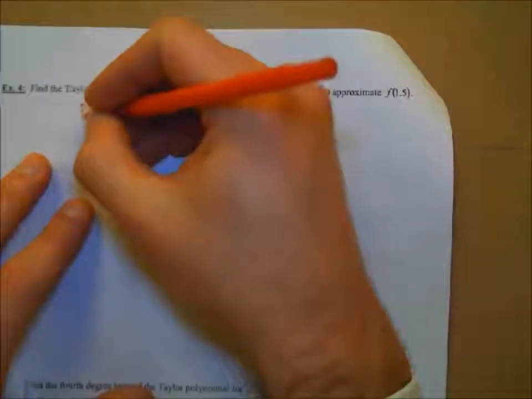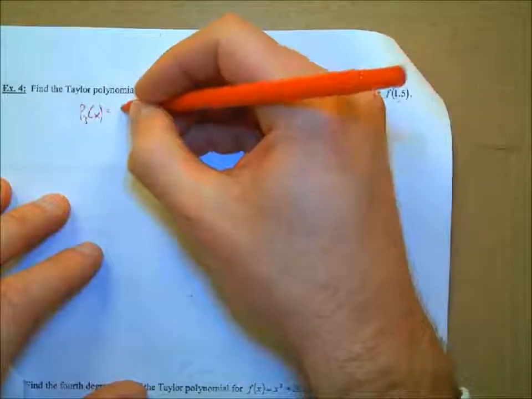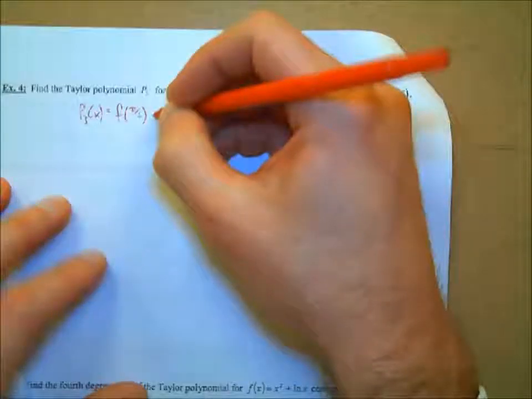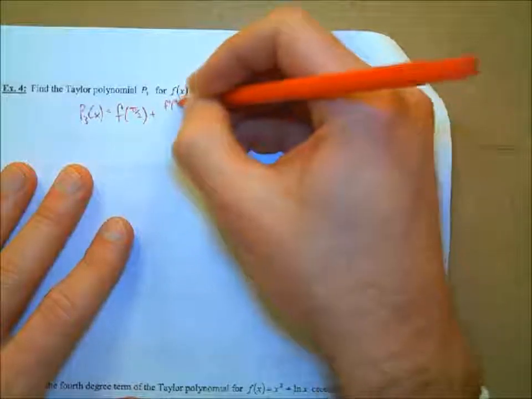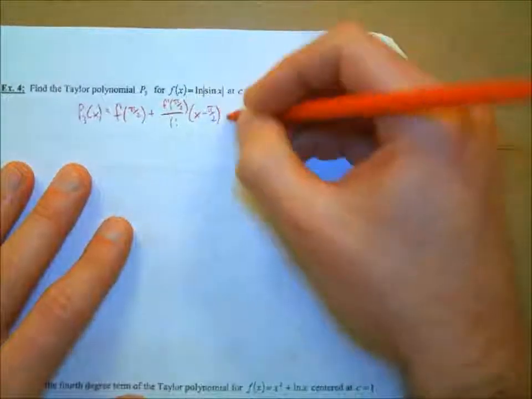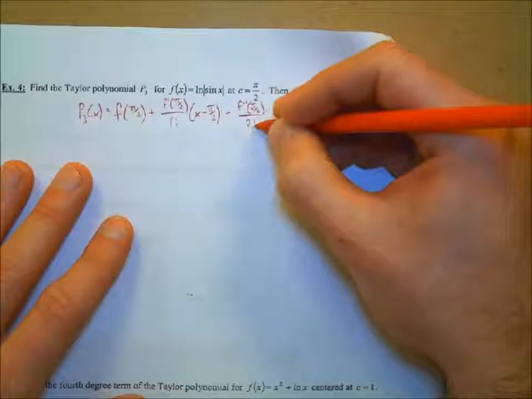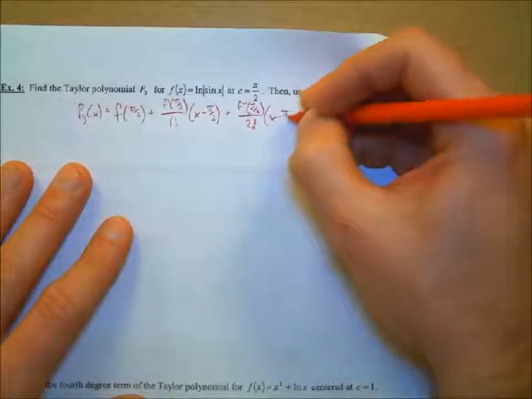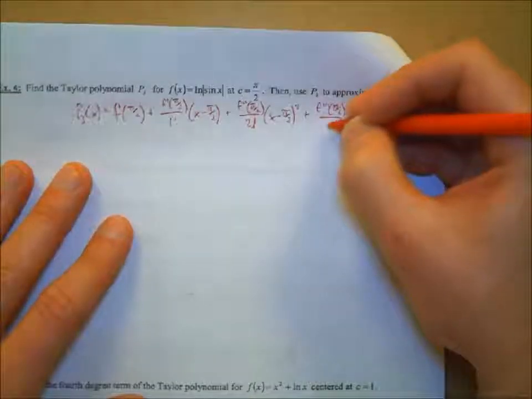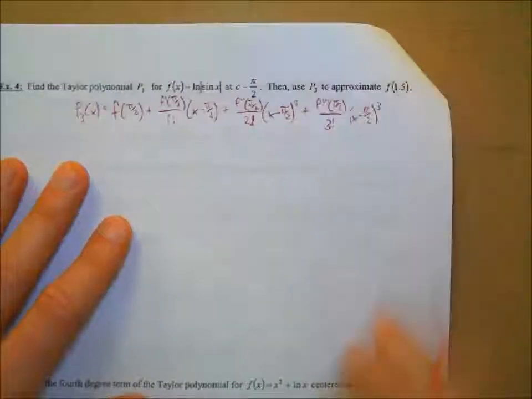All right, so the third degree Taylor polynomial, p sub 3 of x, centered at pi over 2. I'm going to take the time to write this out. Our first term is f of pi over 2, plus f prime of pi over 2 over 1 factorial times x minus pi over 2, plus f double prime of pi over 2 over 2 factorial times x minus pi over 2 squared, plus f triple prime of pi over 2 over 3 factorial times x minus pi over 2 cubed.